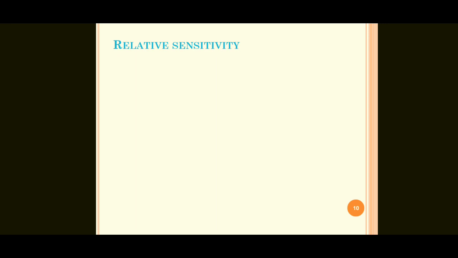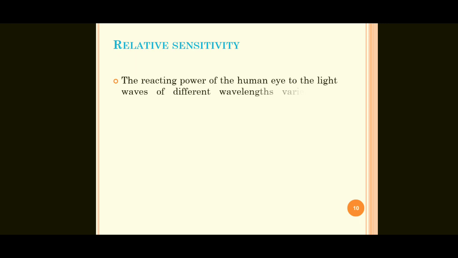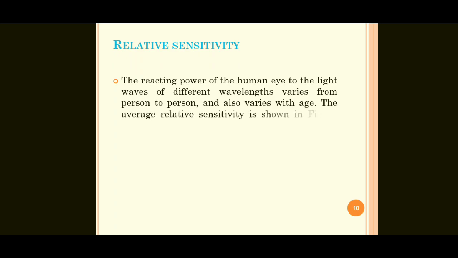Relative sensitivity is the next topic. The response of the human eye to light waves of different wavelengths varies from person to person and also varies with age.